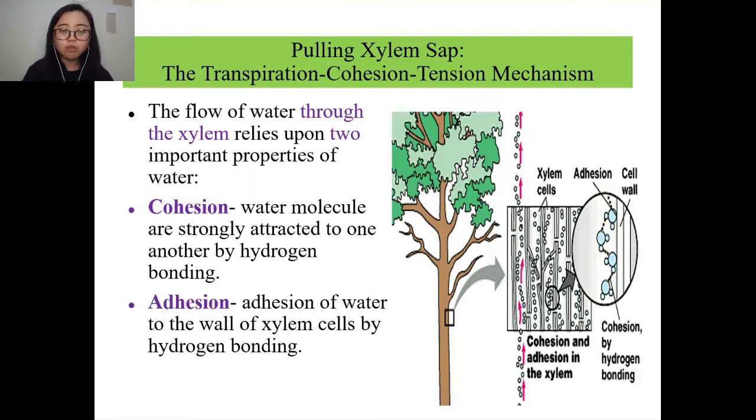Another property of water that allows it to flow in the xylem is adhesion. Adhesion is the attraction of water to the walls of xylem cells by hydrogen bonding. Macam mana dia boleh lawan gravity? Sebab dia ada adhesion, untuk membolehkan dia melekat kepada xylem punya sel. Dia tidak terjatuh ikut gravity.